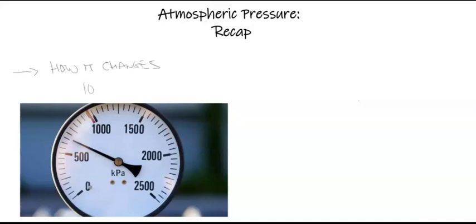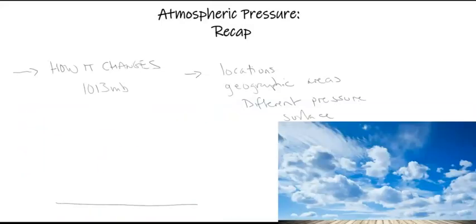Now, in addition to what it is, we have to look at how it changes. The average is 1,013 millibars, but across the surface, in different locations and different geographic areas, we have a different pressure value. We're talking about the surface here because there is a consistent theme whereby the pressure is highest by the surface, which again is 1,013, the average.